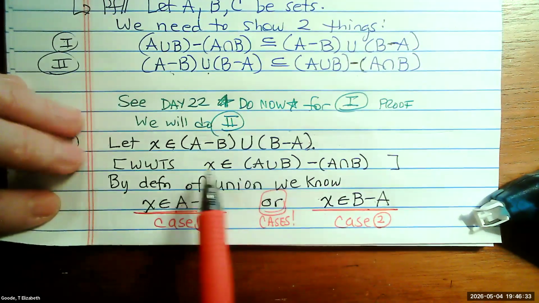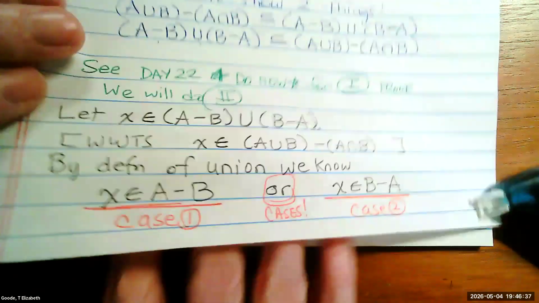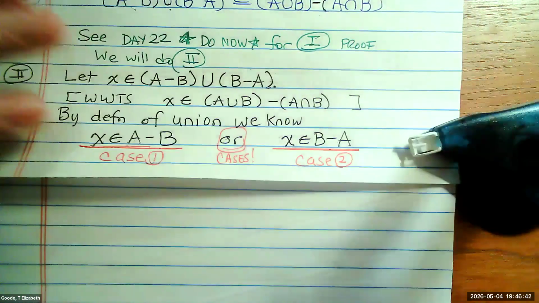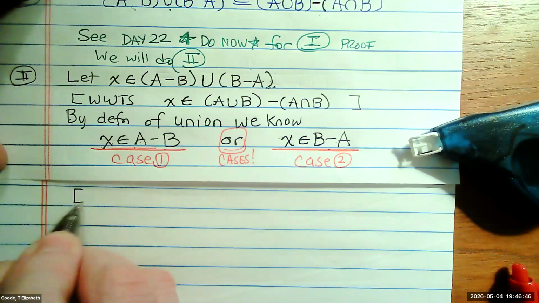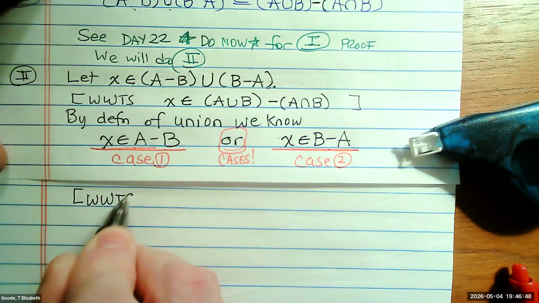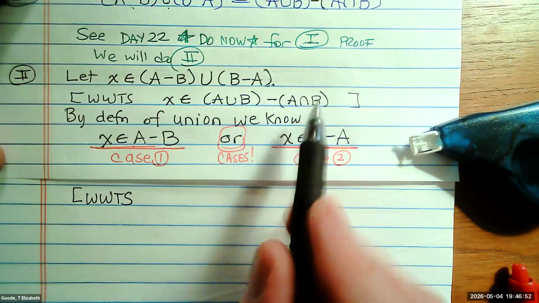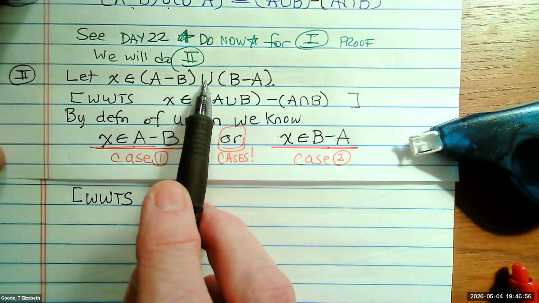In both cases, we have the same wish. Just like when we were playing cases with the QR theorem, we have the same wish. So let's expound on our wish to make sure we understand it. We're going to break this wish down the same way we break down what it meant for X to be in this union.